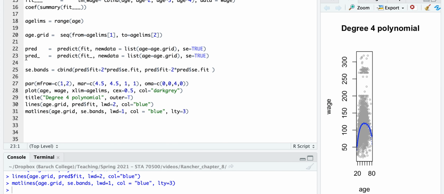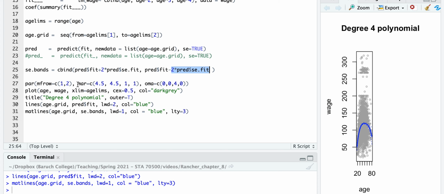Let's just ignore this. Here we get the predictions. We give the new data, which is everything from 18 to 80. Then we create the standard error bands, meaning the upper and the lower. The upper is the prediction plus 2 standard errors. The lower band is the prediction minus 2 standard errors.